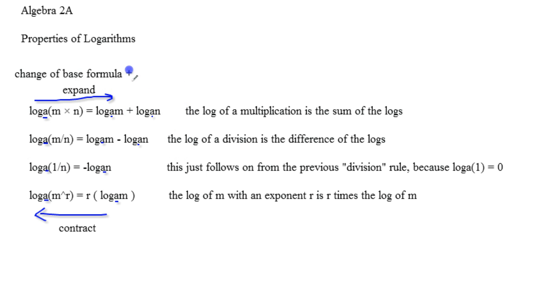First off, the change of base formula is this. Log base a of x, if I needed to calculate this on my calculator that didn't have a subscript, basically it's the common log of x divided by the common log of a is how I actually do that.